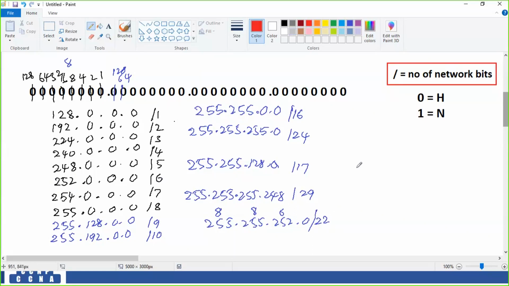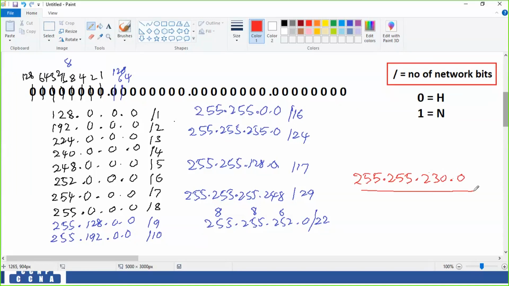I have one question, a Cisco exam question, a 50 marks question. 255.255.230.0. Is it a default subnet mask or a customized subnet mask? Customized, sir.